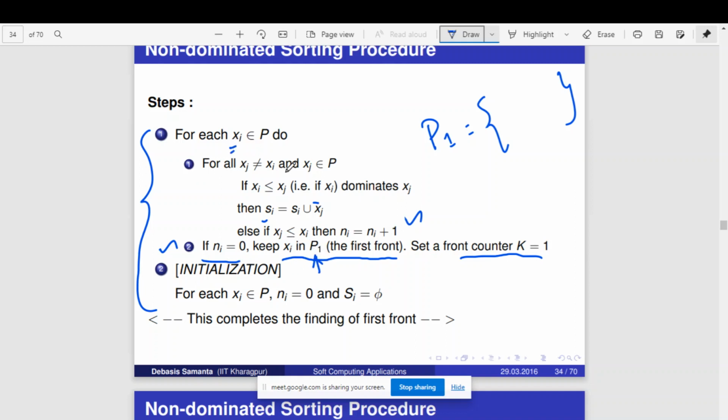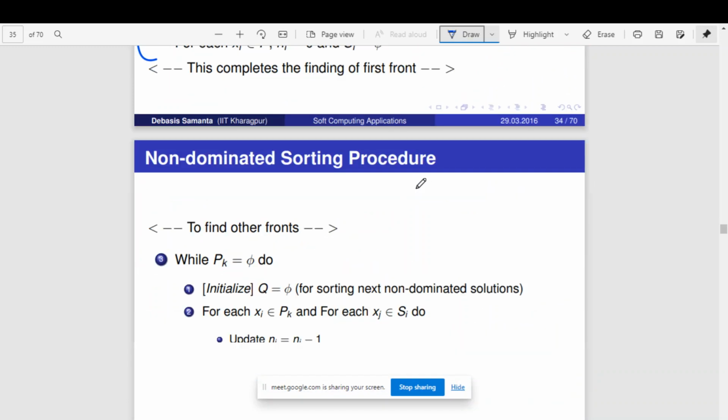Like that we do for all individuals. After coming out of this for loop, what will be in P1? Exactly, it will be all the individuals in front one. So we have identified all the individuals in front one.